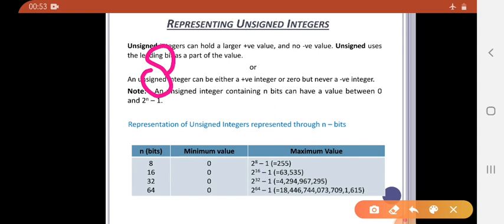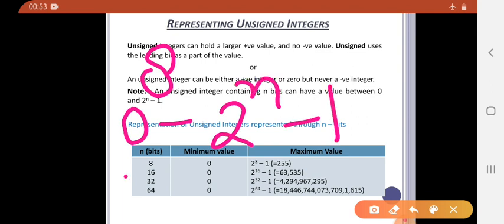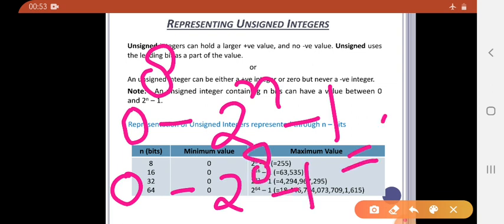Then the value will go from 0 to 2 to the power n minus 1, that means 0 to 2 to the power 8 minus 1, and this will give you the value 255.